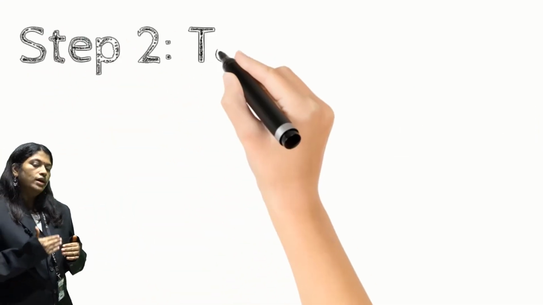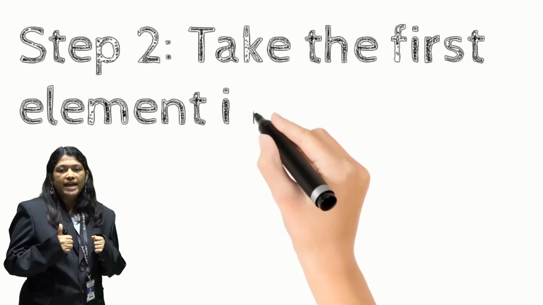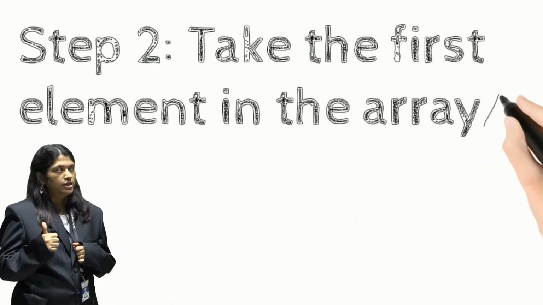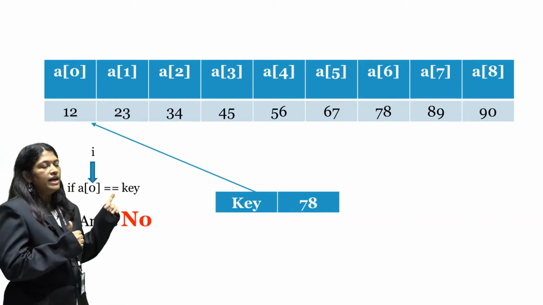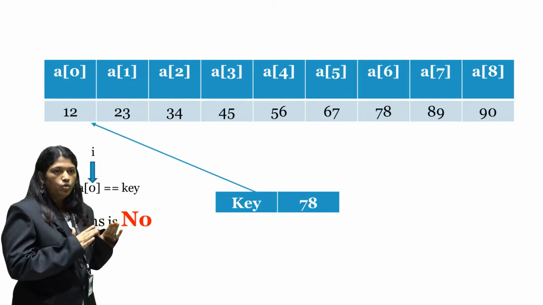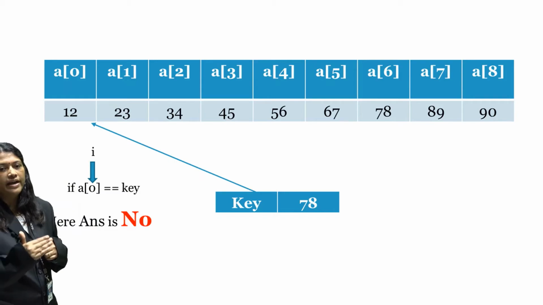Now we go to the algorithm steps. Step 2 is: take the first element in the list. So you have key equal to 78, and an array A containing 9 elements, and you want to search whether the key element is present in your array or not.